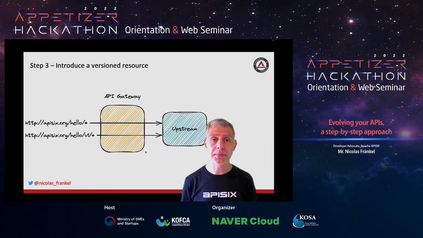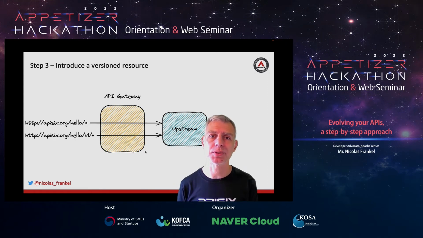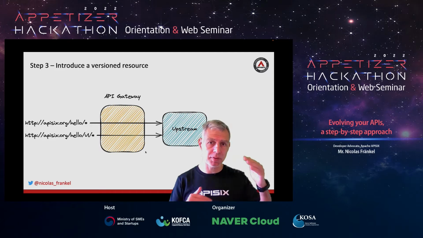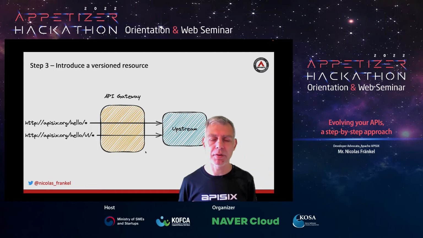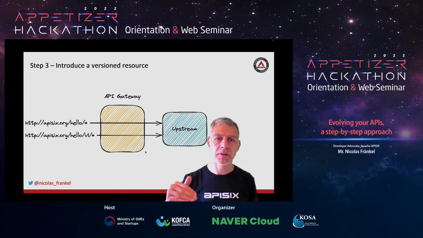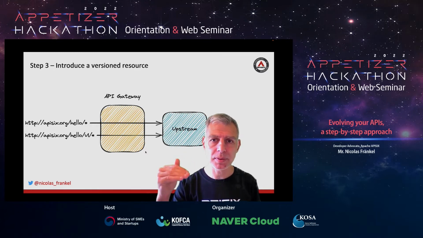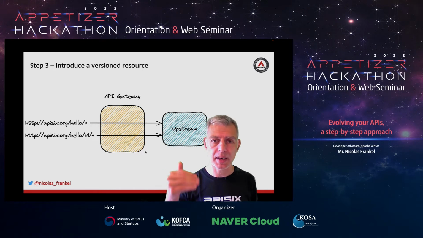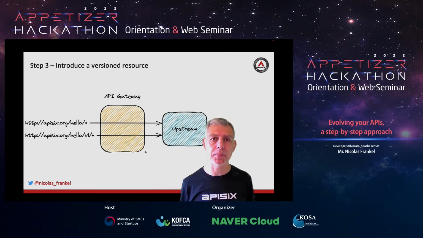So the next step is actually to start to version our routes, but we don't want to break our existing clients, so we will have the two routes in parallel. The first route is the legacy route, and we are happy for the moment to let our clients keep using it, but then perhaps you have documentation, and in the documentation, you will mention, hey, here is the route you should use, and you'll create this route, which starts with V1.